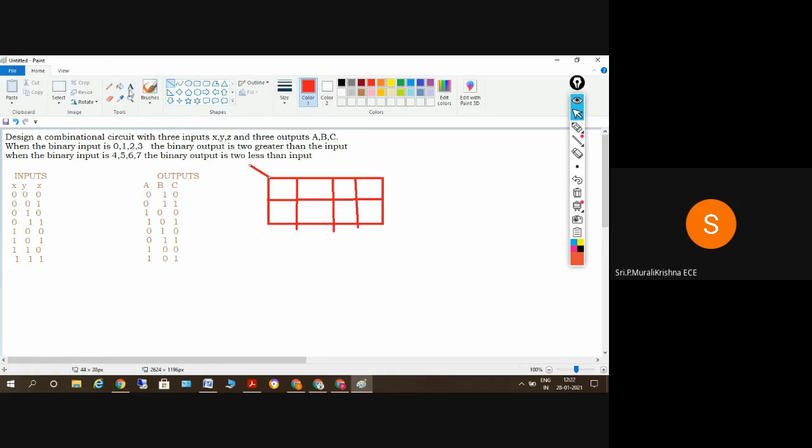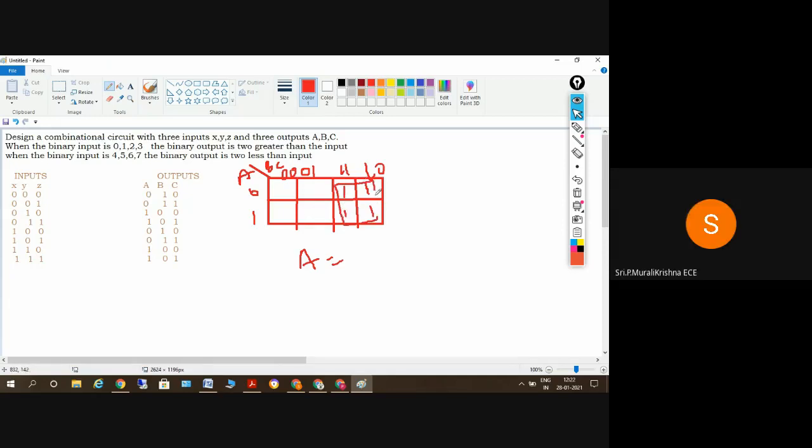This is for A. A is equal to 1 for minterms 2, 3, 6, 7. So we'll form a quad here.